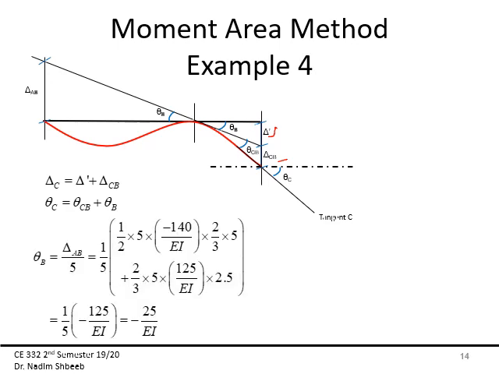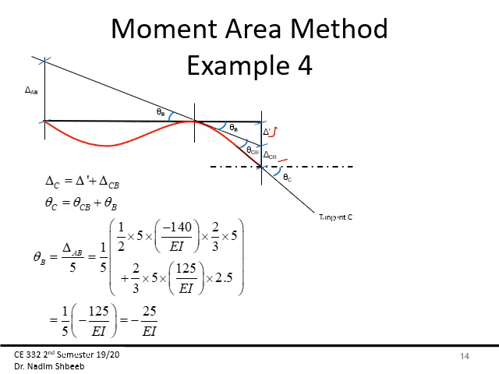So let me first of all try to find theta B. Now theta B is going to be equal to delta AB over 5, right, the length, and I'm going to take that length out and just find delta AB first. So that's going to be now equal to 1/2 times 5 times minus 140, remember.